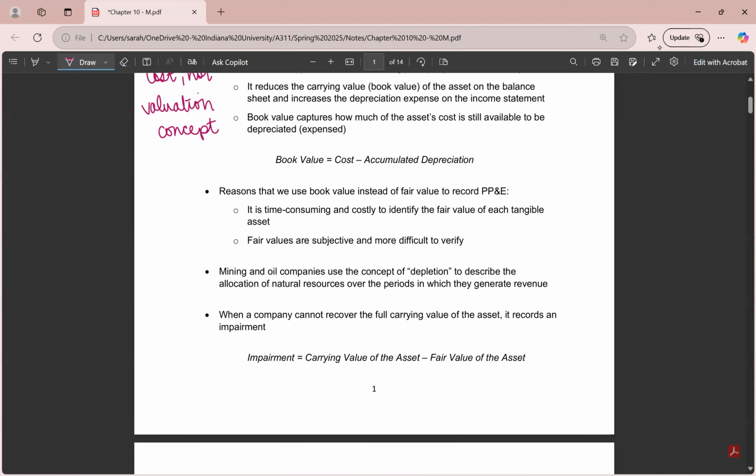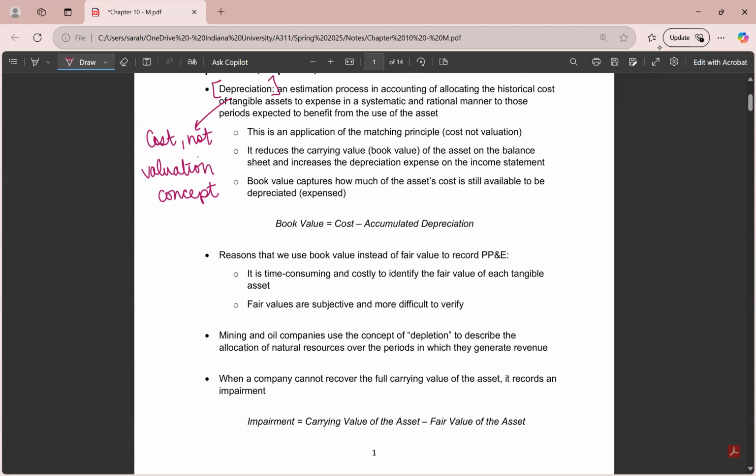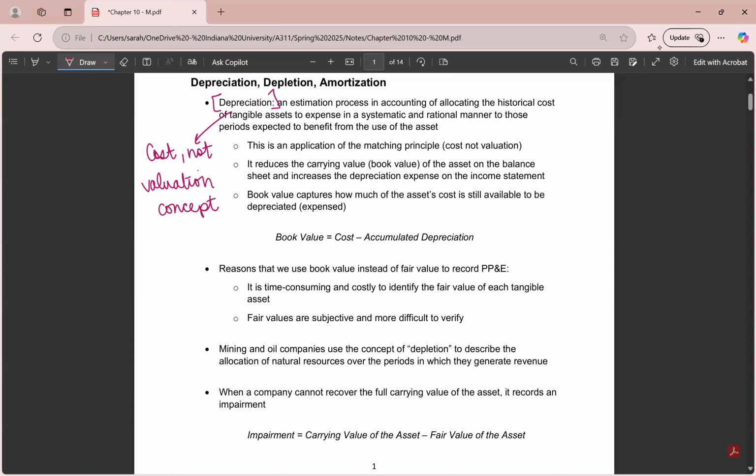So two related concepts: when you are making the journal entry for depreciation, you're going to have two accounts. One is going to be depreciation expense, and this is your current year expense, okay?